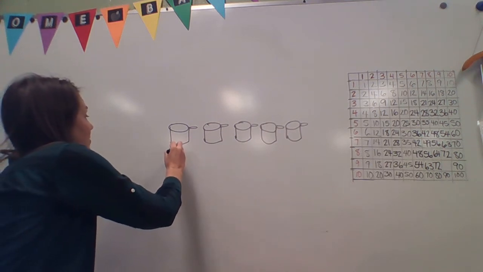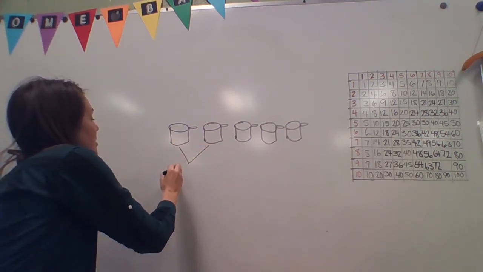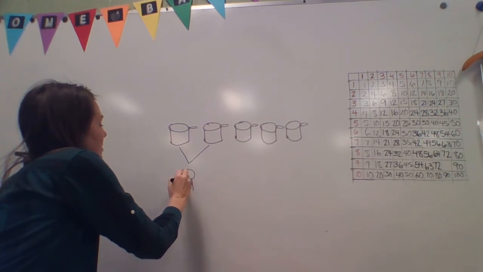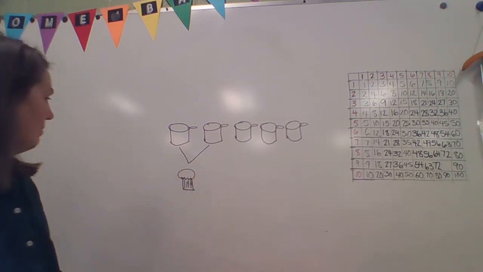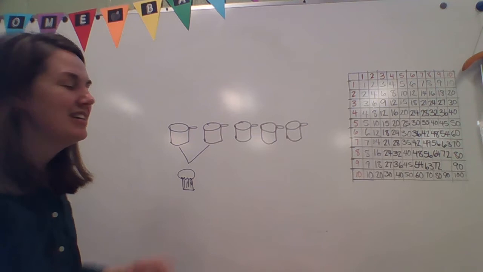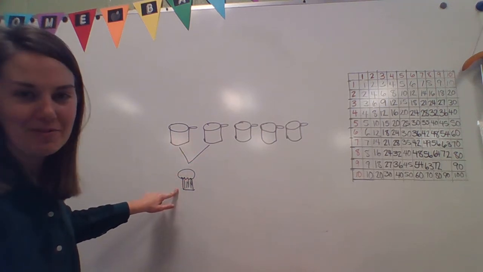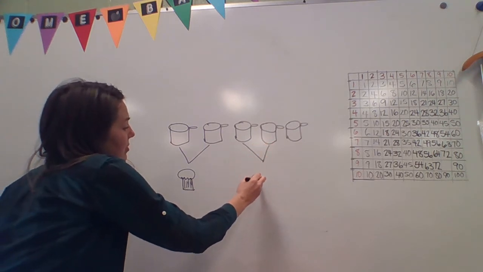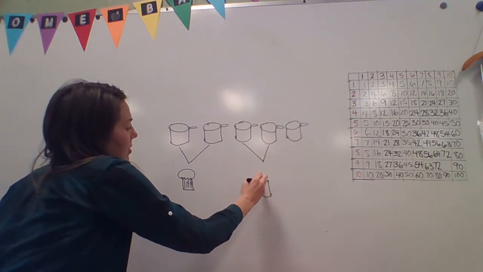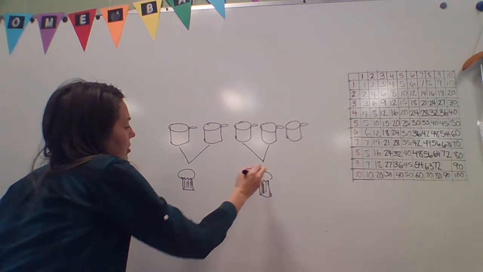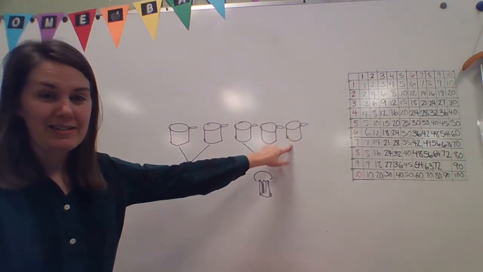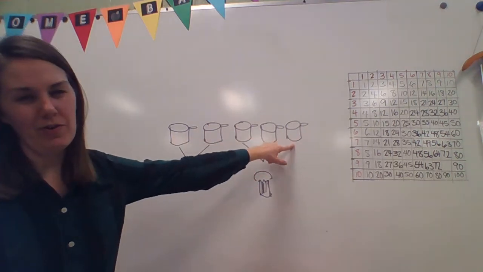So that means that if we took these 2, she could make 1 batch of oatmeal muffins. That's my muffin, right? So 2 cups to make 1 batch. So I could also use these 2 to make a batch of oatmeal muffins. But I have 1 left over, right?